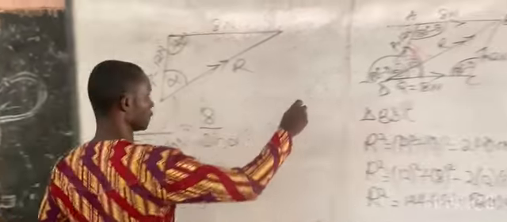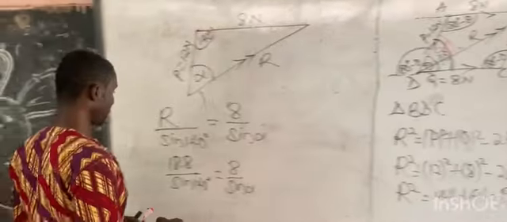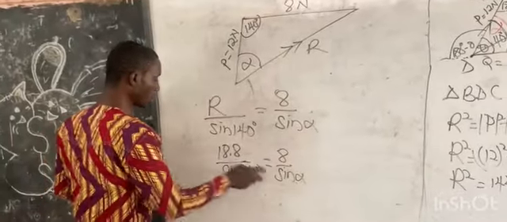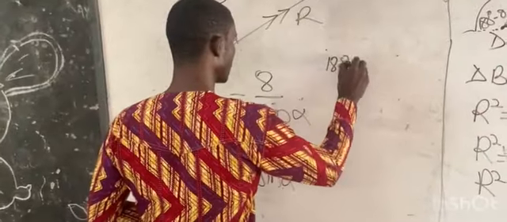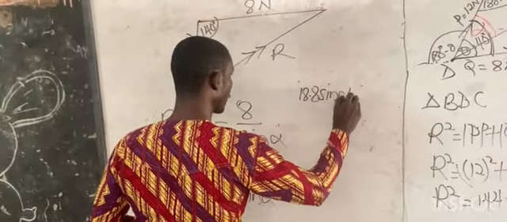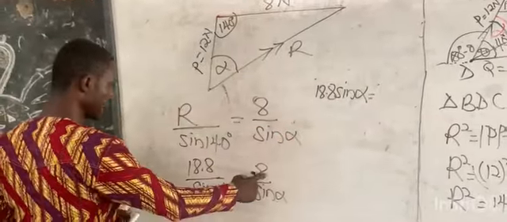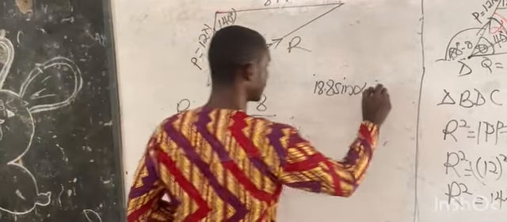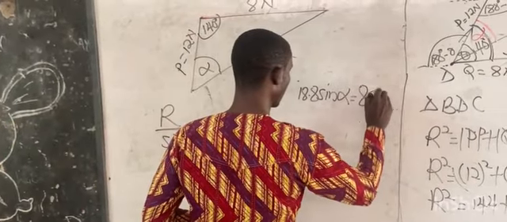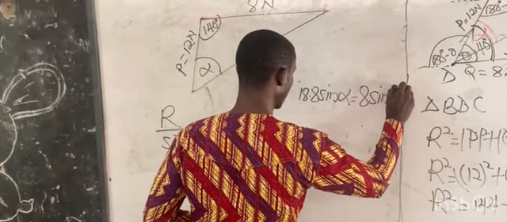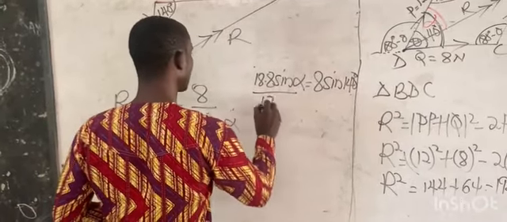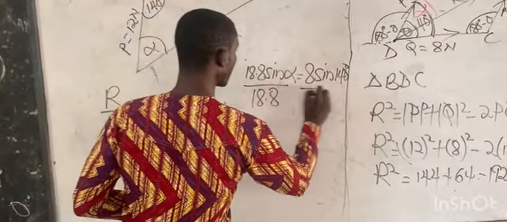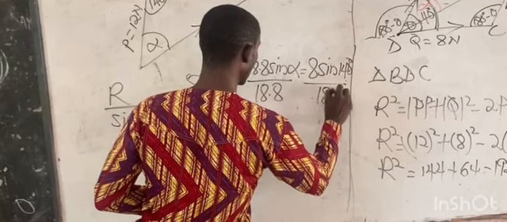Now, let's continue here. We cross multiply. So we get 18.8 sine alpha is equal to 8 times sine 140 degrees. So you divide both sides by 18.8.